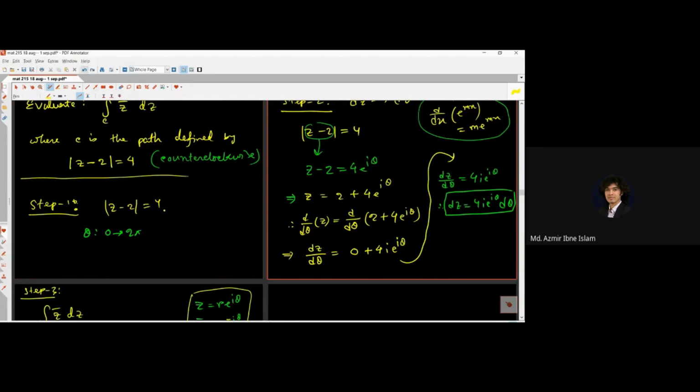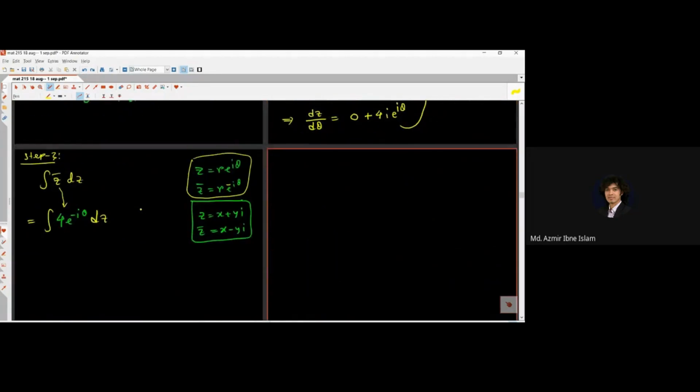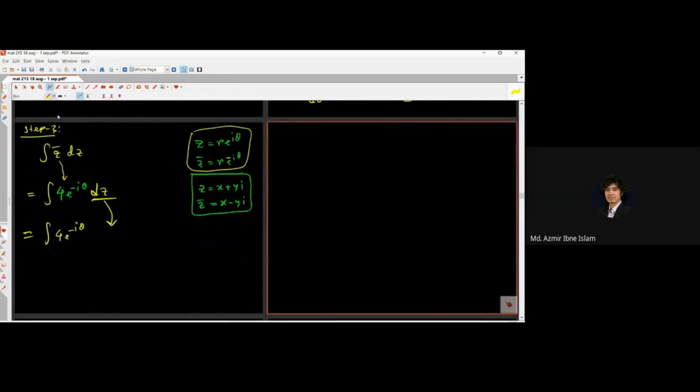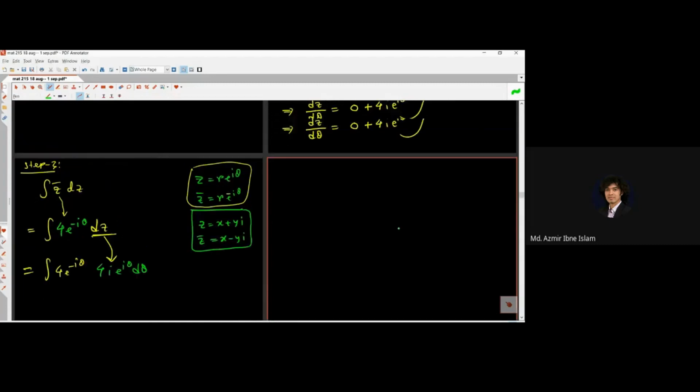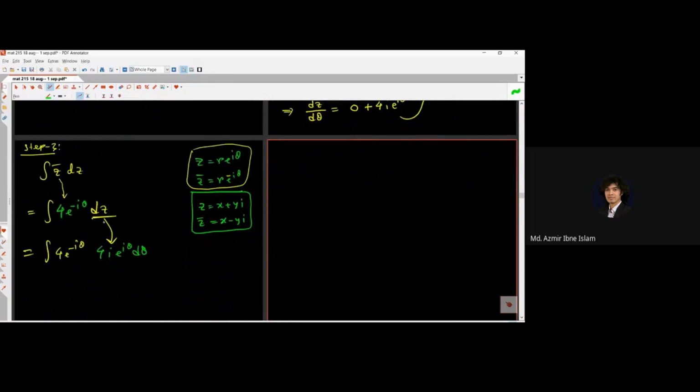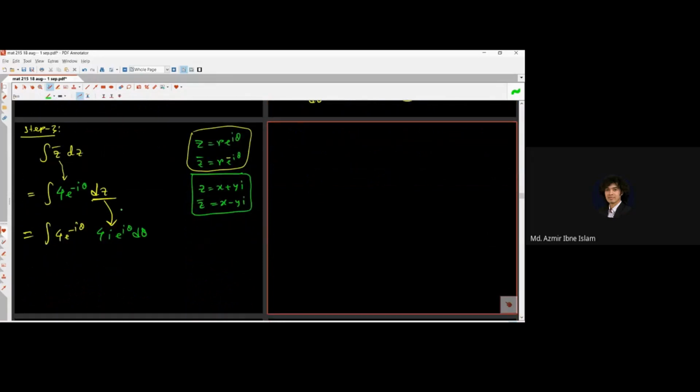So this is the modulus part. That means radius. Now let's convert dz. So here we have 4 e to the power negative i theta dz. dz is being transferred to 4i e to the power i theta d theta. Clear? We have just written the part for dz. So finally, now we can simplify.